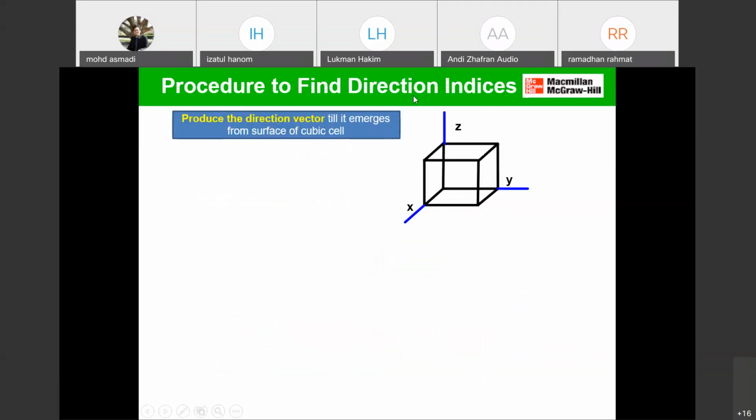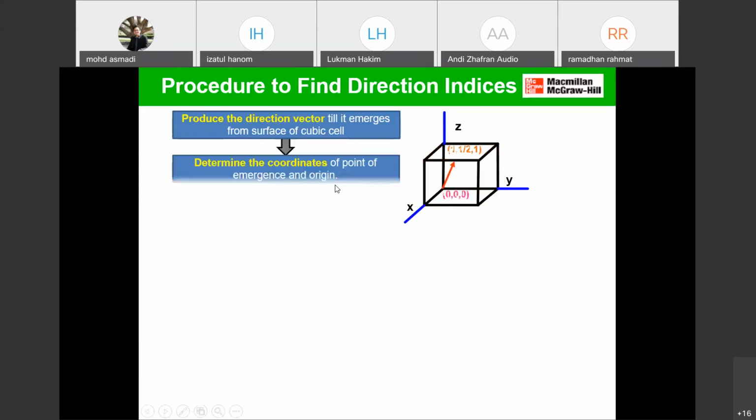Generally, I will sketch this box so that we can imagine which direction the target atoms lie in. For example, this one. The origin is here, 0 0 0.